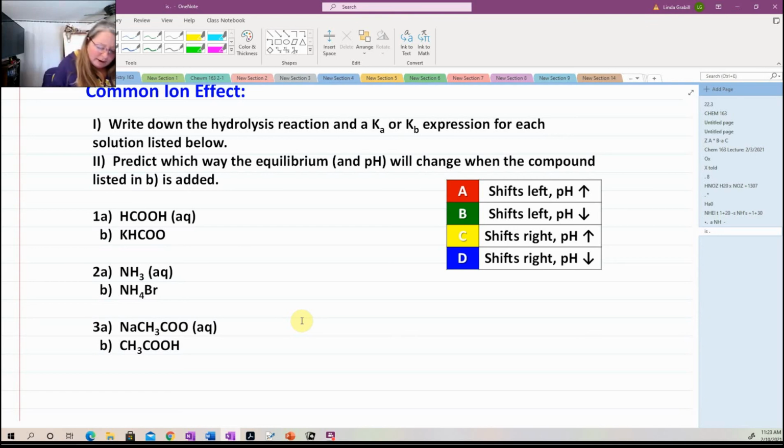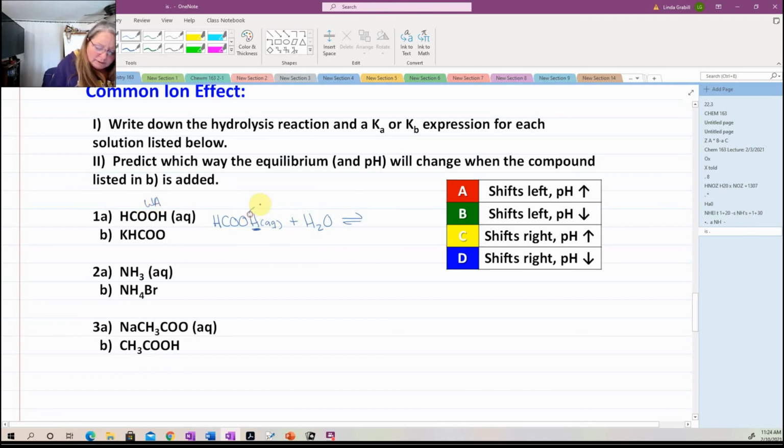Okay, let's write them out. If I have HCOOH, the carboxylic acid, aqueous, and I add that to water, what am I going to get? Well, this hydrogen that is attached to that oxygen. Remember, carboxylic acid is a weak acid.